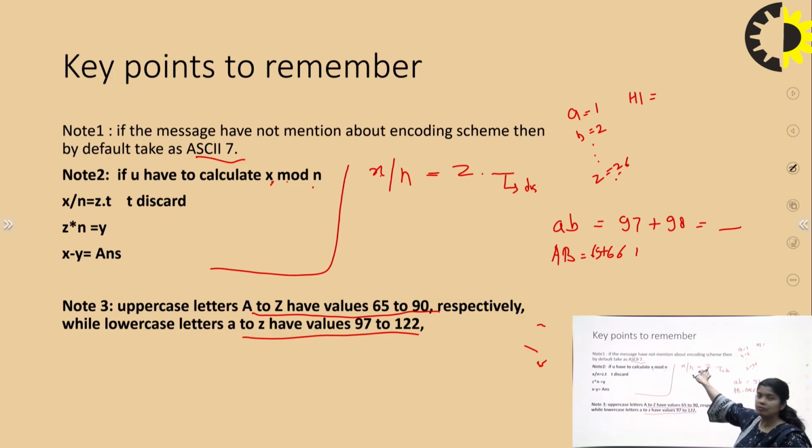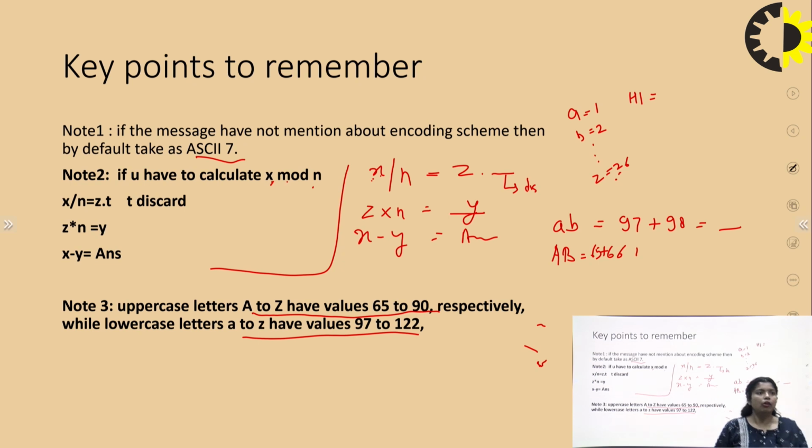After this, whatever value you have, you multiply it by n. Whatever value comes, suppose y comes. So here is the x, no? So x minus y, that will be your answer. Always remember this trick for calculating your ciphertext or plaintext. Fine. These are the tricks.